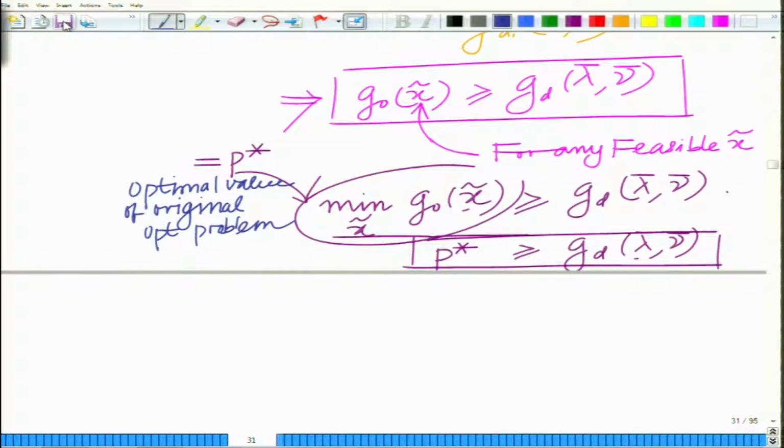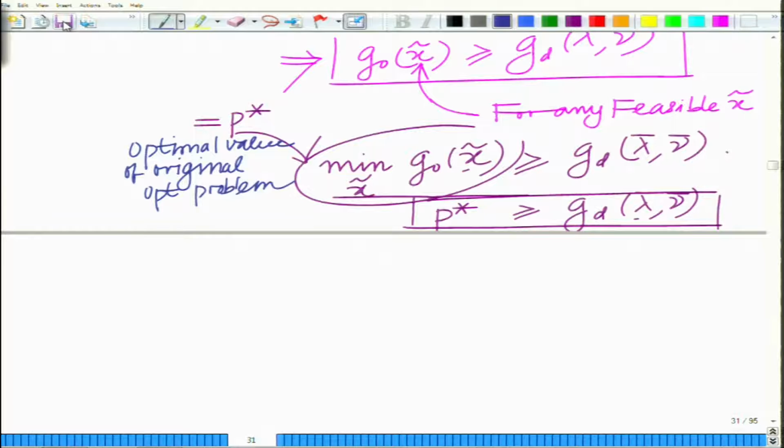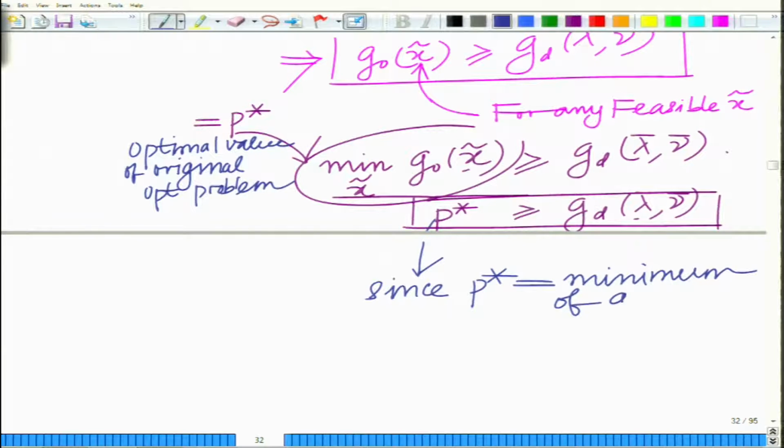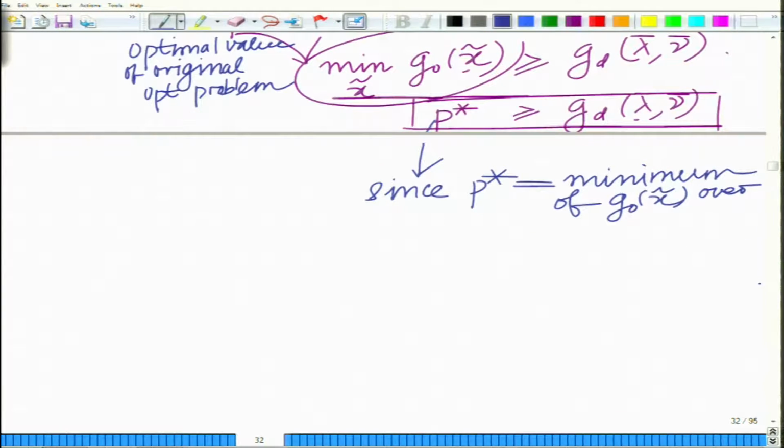So, P star is greater than or equal to GD of lambda bar, nu bar, since P star equals the minimum of the objective G naught of x tilde over the set of all feasible points x tilde, the set that contains all the feasible points x tilde.